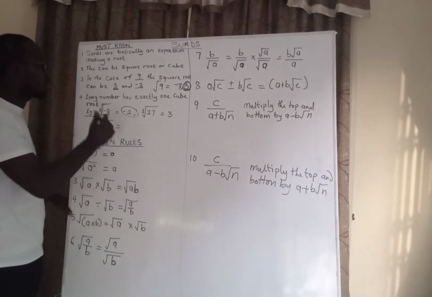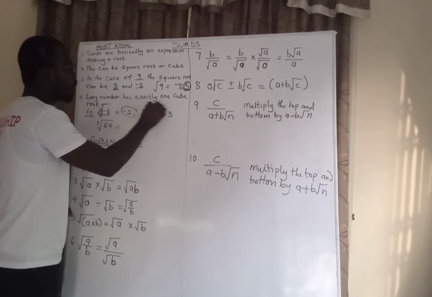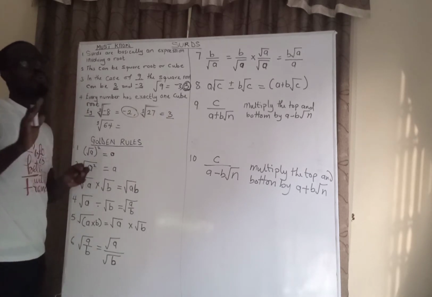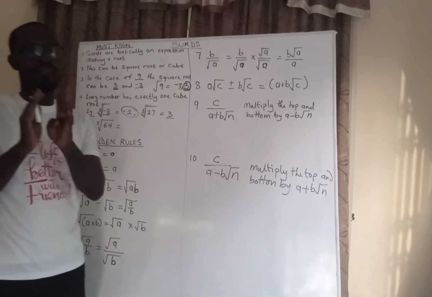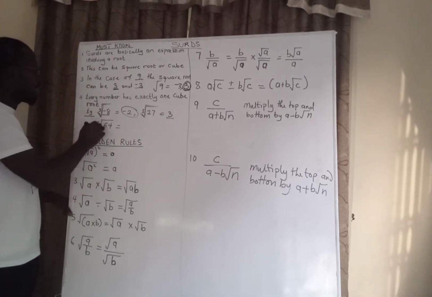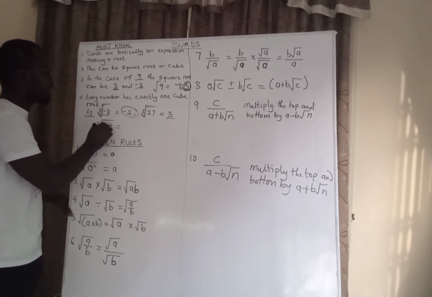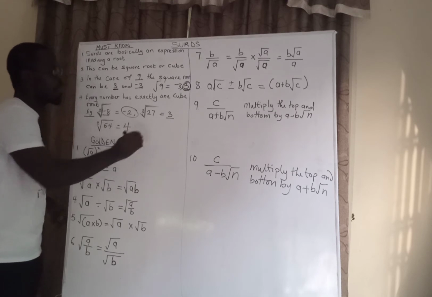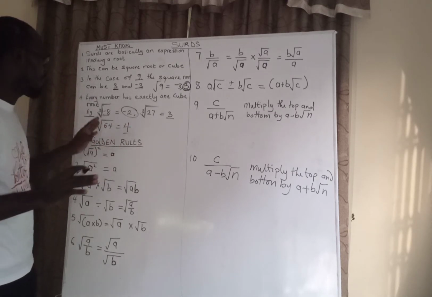All right, so the cube root of 27 is exactly 3. There is no way you can get two numbers for this particular question. And for the case of 64, the cube root of 64 is 4, and you can't get two numbers for this.